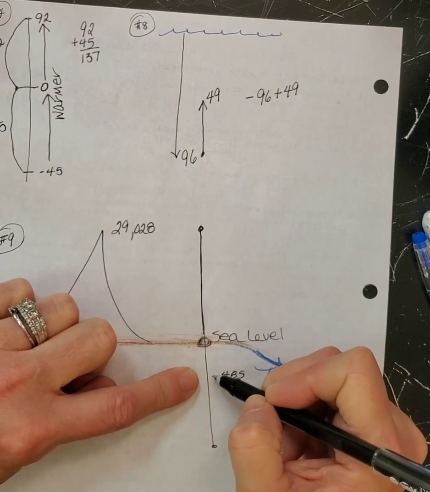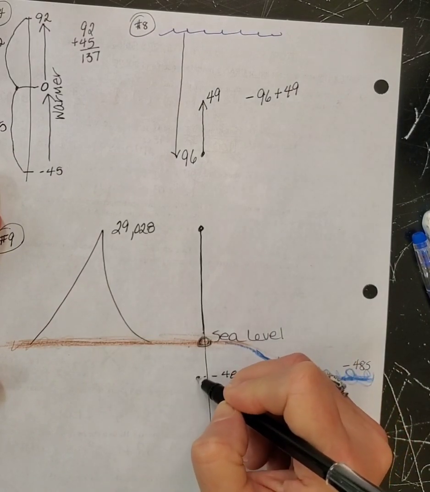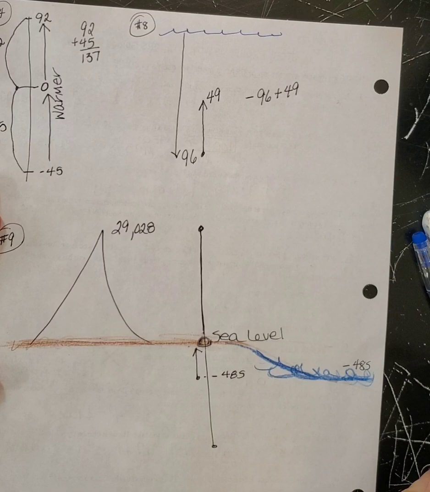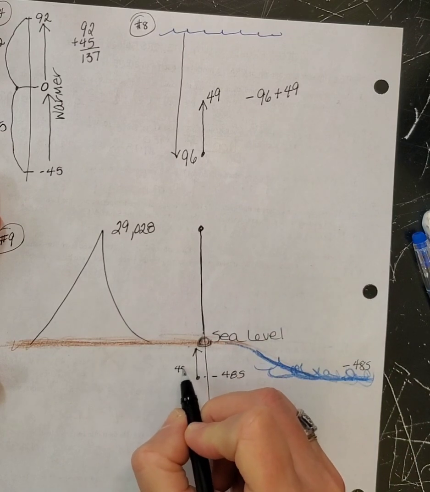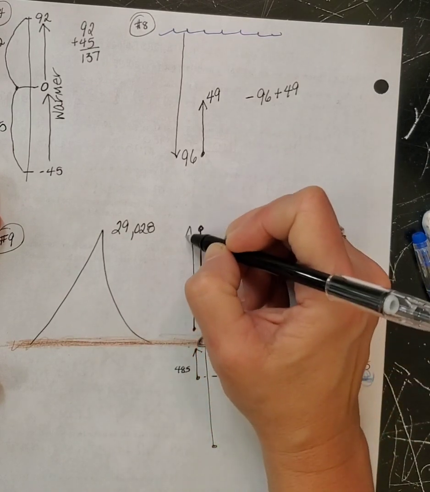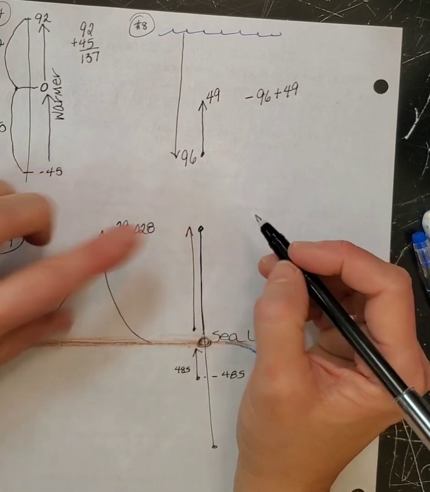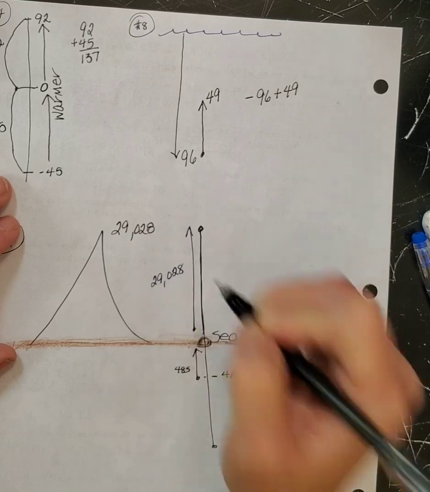Well, from 485 to 0 is 485. So this is 485 feet, no matter how you look at it. And then from 0 to here is 29,028.